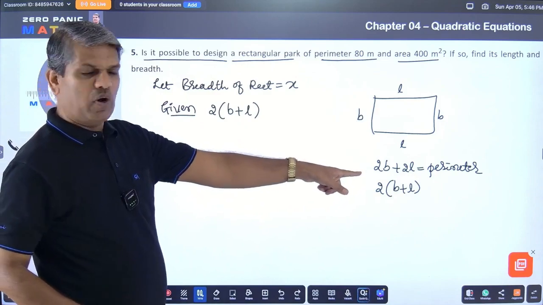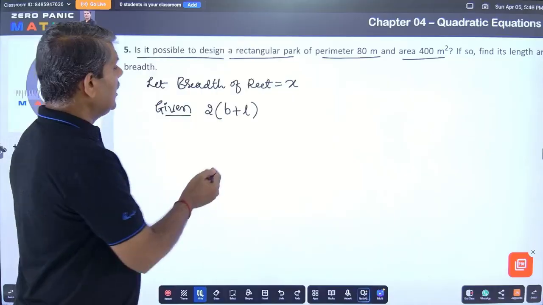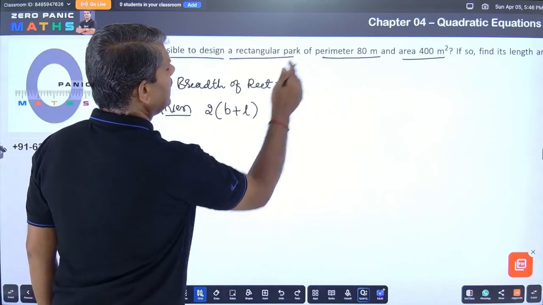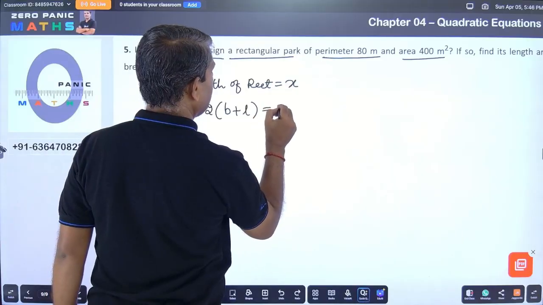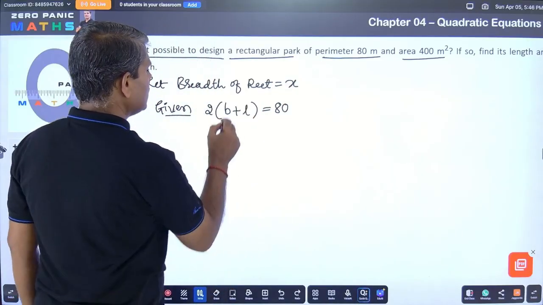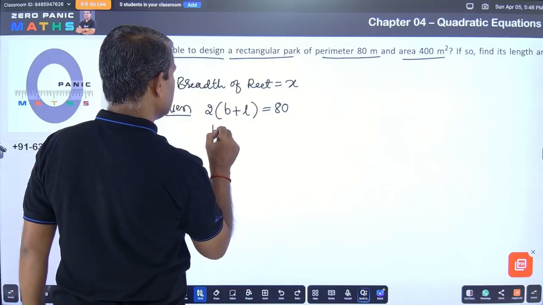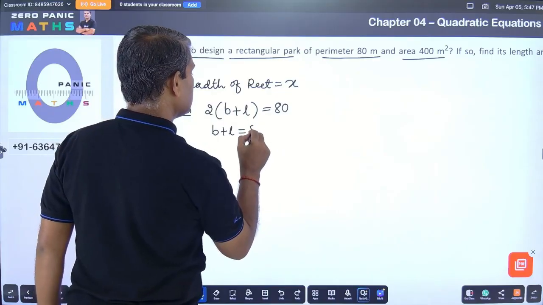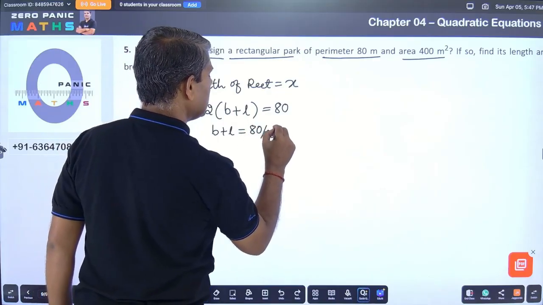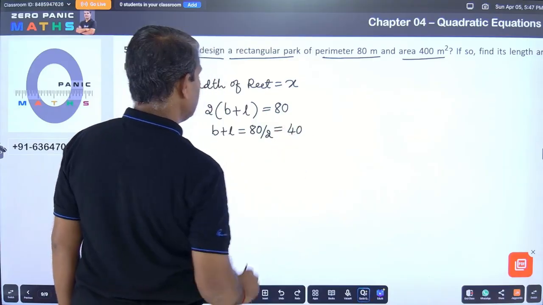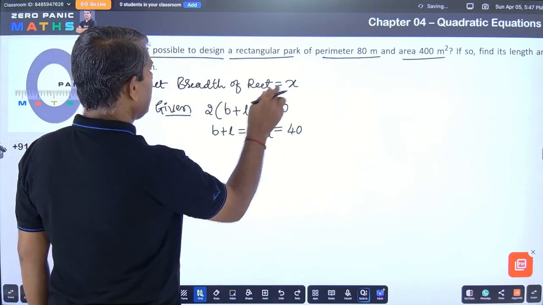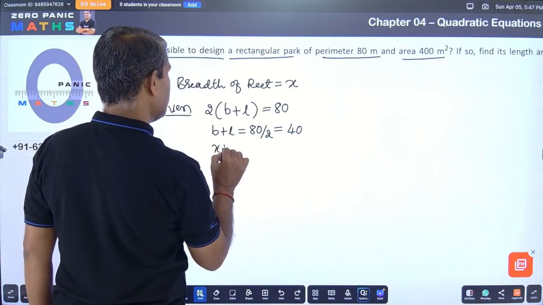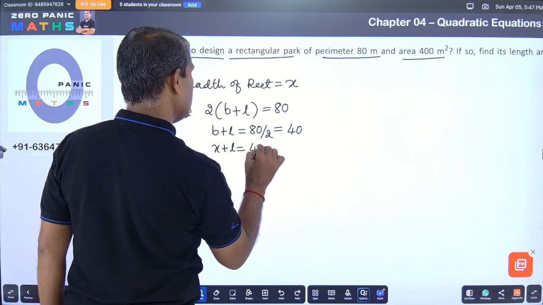You understood this point? Okay, so now 2 times breadth plus length is 80 meter. So what is breadth plus length? It is 80 by 2, that is 40. And breadth we have considered as x, so x plus l is equal to 40.